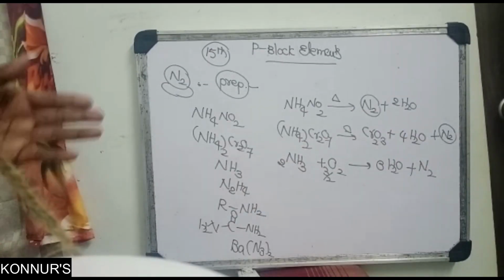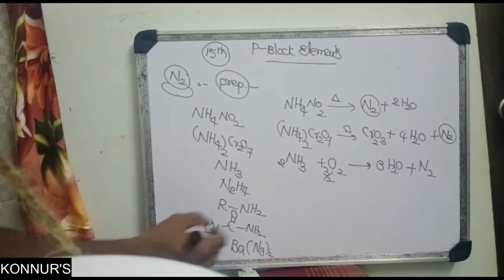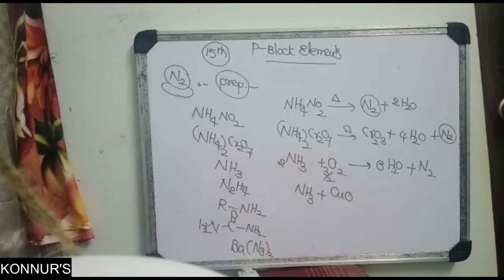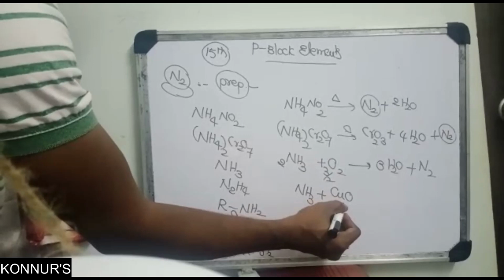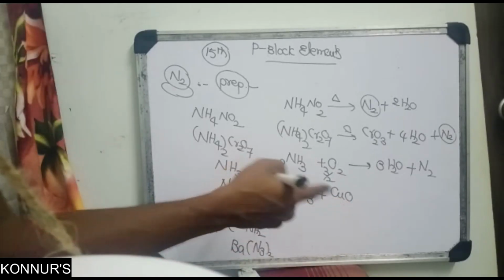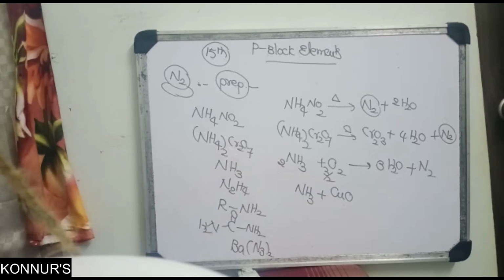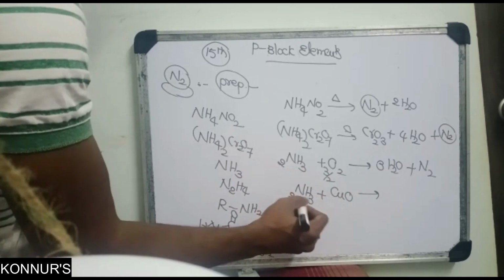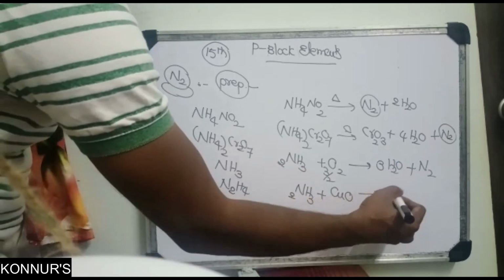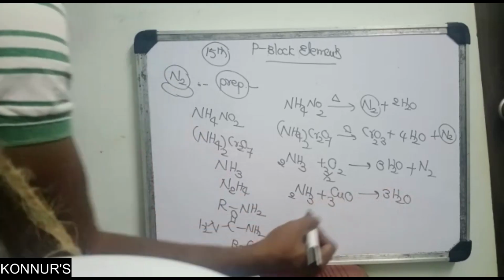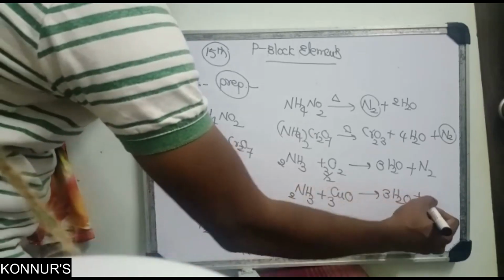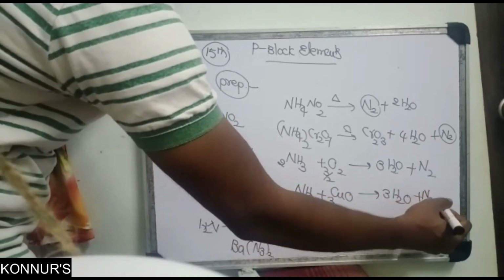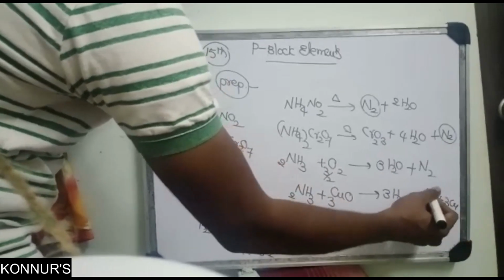Otherwise, an oxygen-supplying compound can also be taken. NH3 with CuO: copper is a large size, oxygen is a small size, so it is unstable and supplies oxygen easily. So you take 3 moles of CuO, and 3 oxygens are used up with 3H2 to give 3H2O. Nitrogen gas is coming, plus 3 moles of copper.